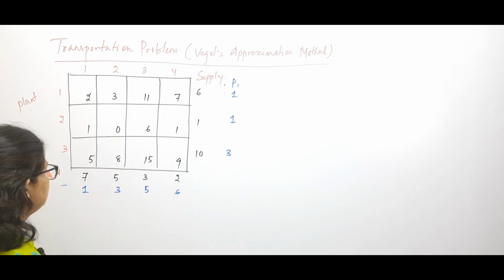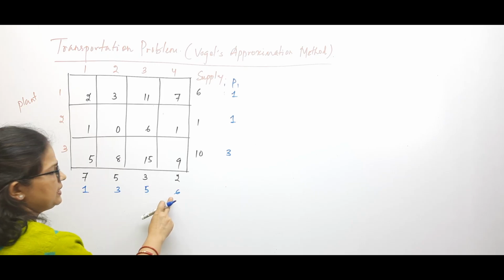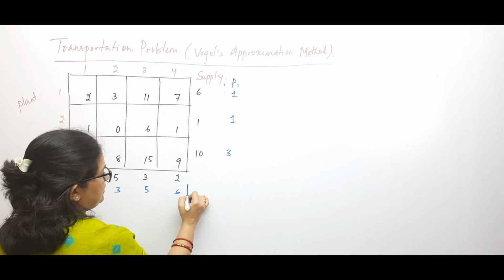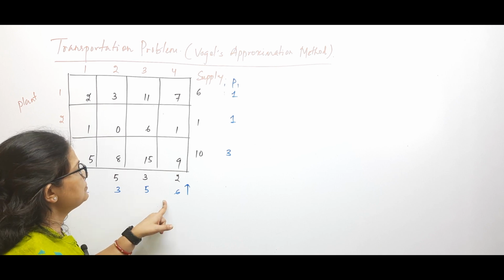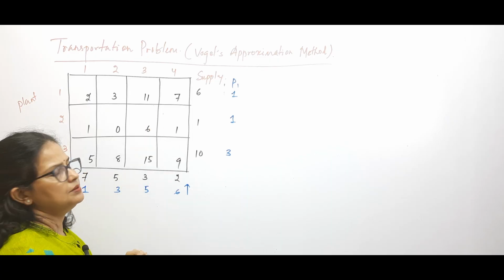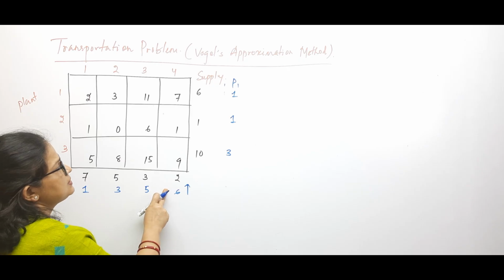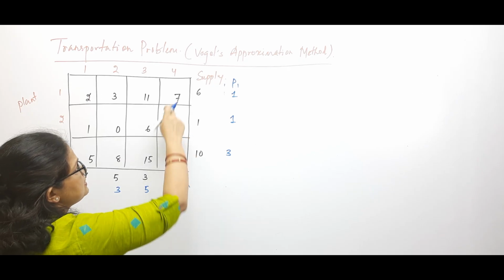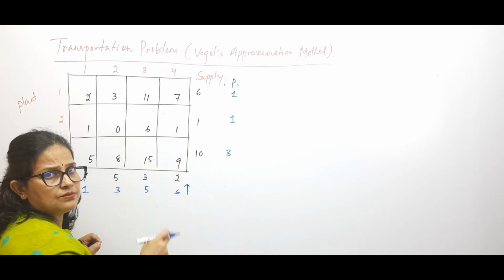Which is the highest penalty here? The highest penalty is 6. So what we need to do? First we need to do the allocation for this column. If you go through this column, the least cost is 1.